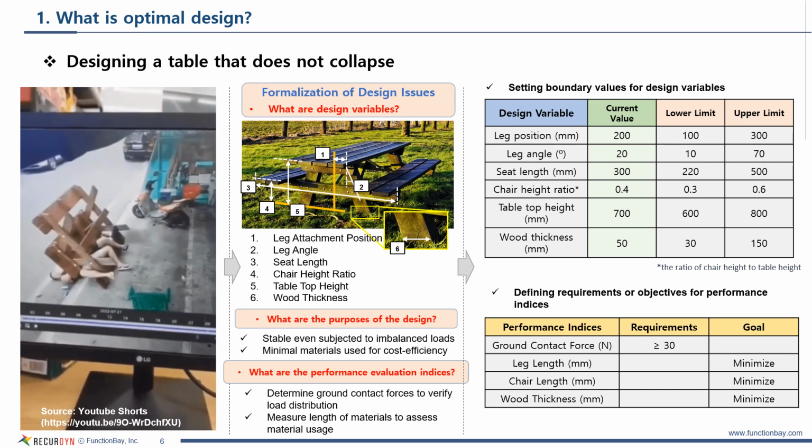This is represented more specifically in the table on the right. Since we cannot consider all possible values for the design variables, we need to define lower and upper bounds for each design variable. We also provide specific requirements and goals for the performance indices.